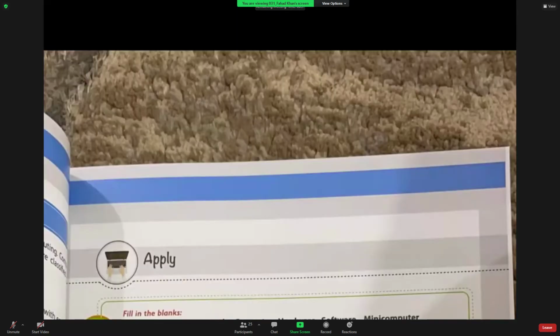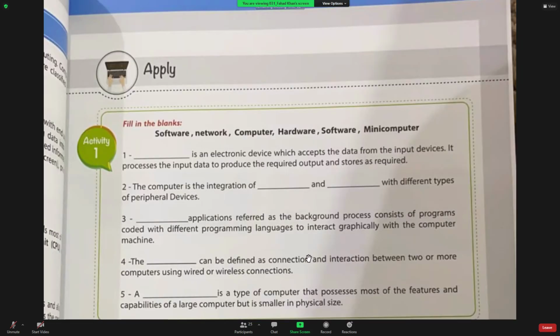Okay, the first question, guys, let's have a look. Can everybody answer this question? Yes, it's a computer. You can write it there. You can write 1 on the top of computer so that you remember what the answer is for that question, okay?